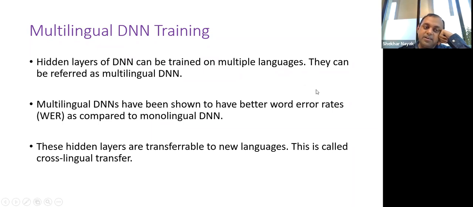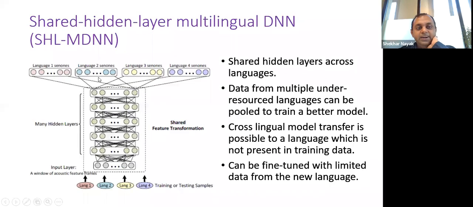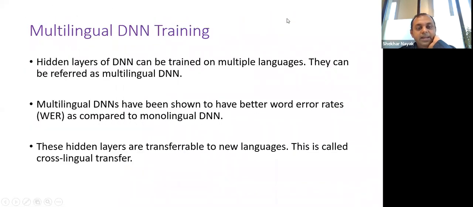These hidden layers are common, and therefore the name shared hidden layer multilingual deep neural networks. These networks have been shown to perform better in terms of word error rate, which is the metric used to compare the performance of speech recognition systems, compared to monolingual deep neural networks. And these hidden layers are transferable to new languages. This is called cross-lingual model transfer or cross-lingual transfer.